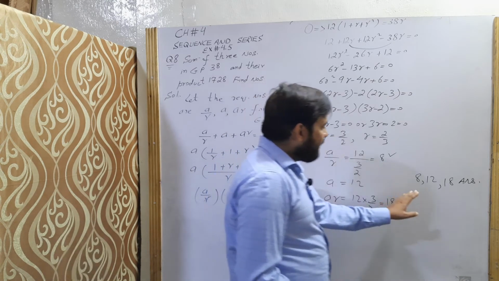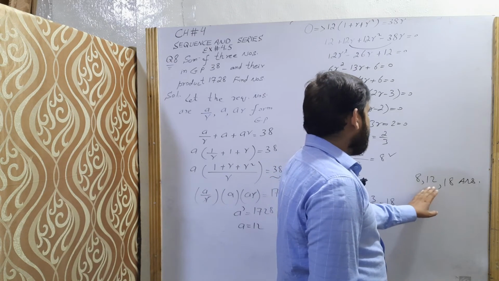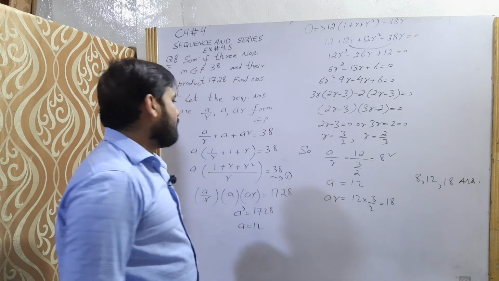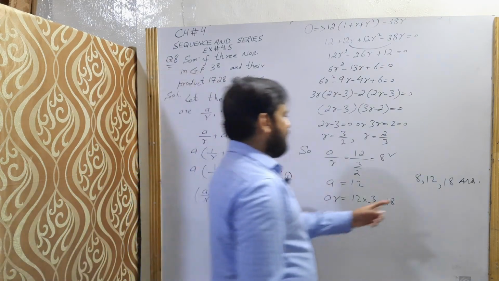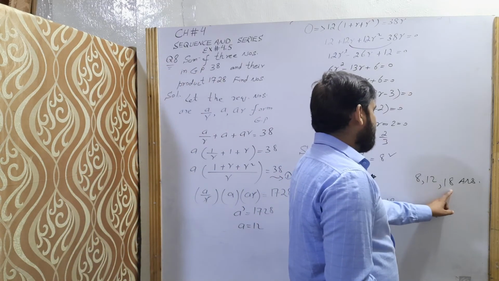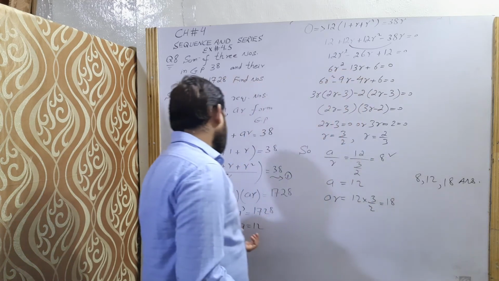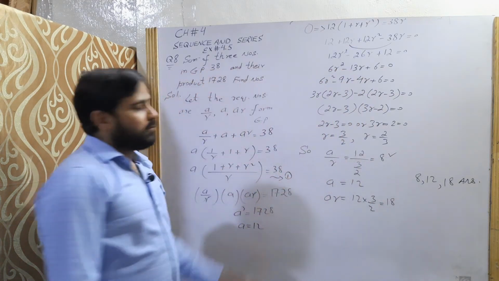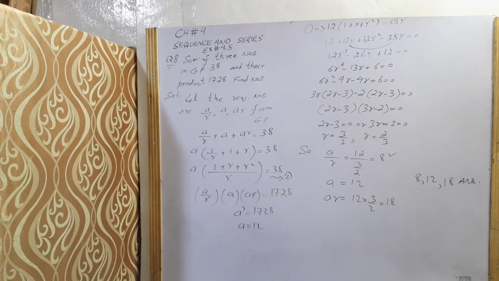So the required numbers are 8, 12 and 18. If we sum these numbers, this must be 38: 12 plus 8 is 20, 20 plus 18 is 38, and if we multiply them, the product must be 1728. It is all about question number 8.